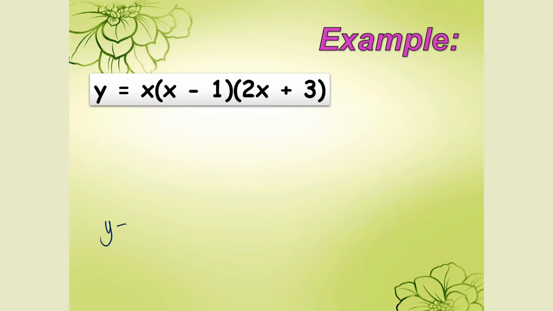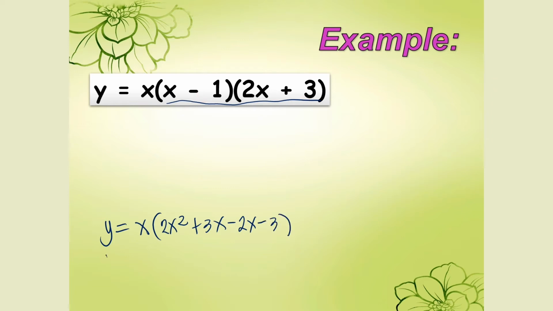Let's simplify the two binomials first. Using the FOIL method, we have x times 2x is 2x squared. Next is x times 3 is positive 3x. Next is negative 1 times 2x is negative 2x. And last, negative 1 times 3 is negative 3.